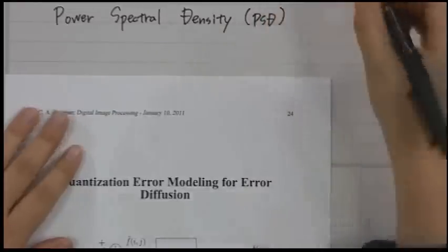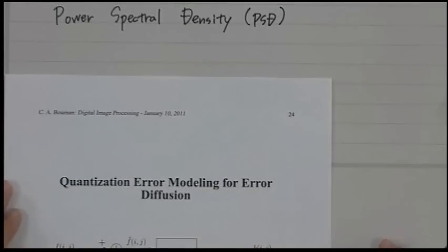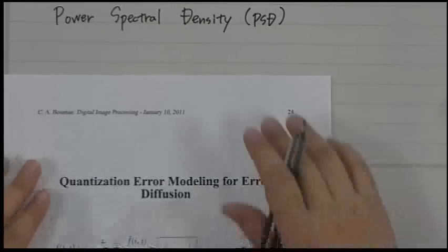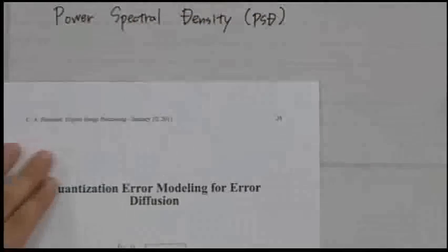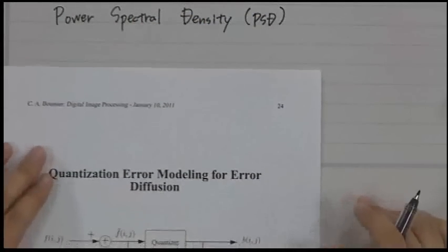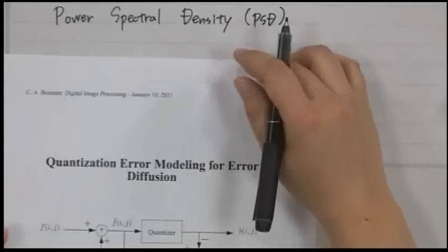Power spectral density is a tool to analyze a random signal. Fortunately, we can calculate the power spectral density easily for the wide sense stationary signal case.